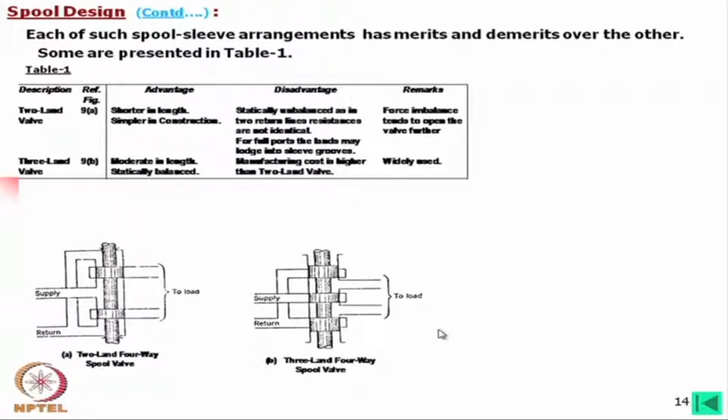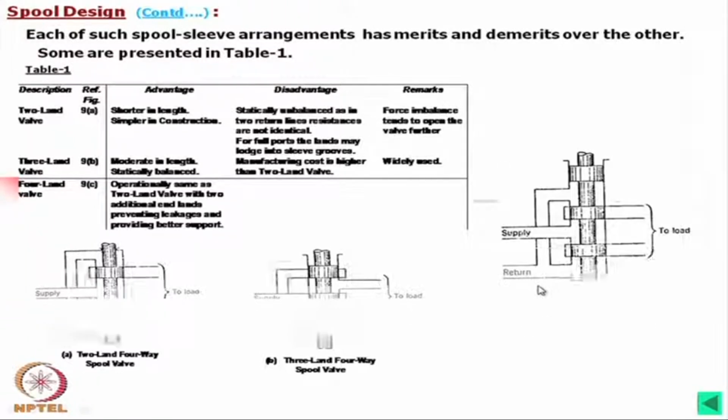Now, if I consider the other one, which is having the 3 lands, moderate in length, statically balanced. Say if we look into this, this will not try to move this way or that way, because this path is closed, and these are widely used.